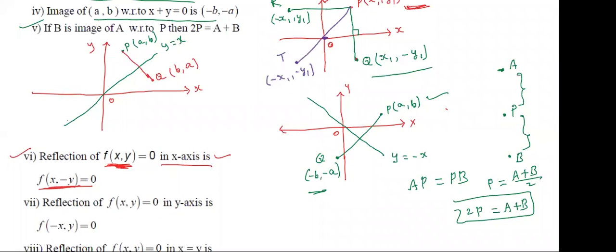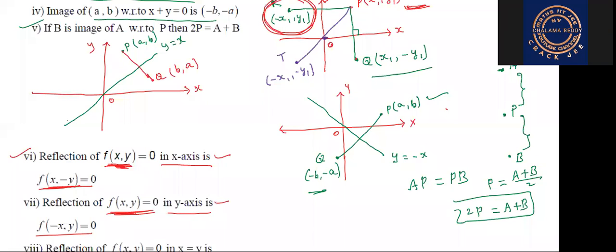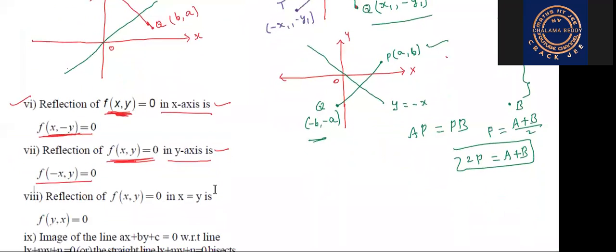So the reflection of f of x comma y in the y-axis, the y-axis means here, this part. What are we getting? Minus x1 comma y1. That means the reflection of f of x comma y is equal to 0 in the y-axis is f of minus x comma y is equal to 0.